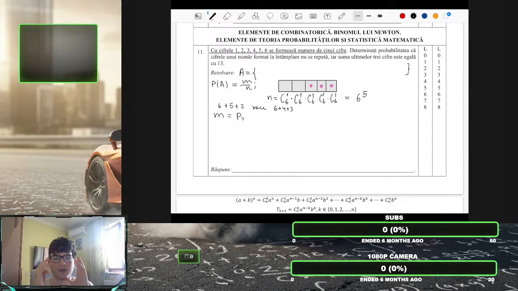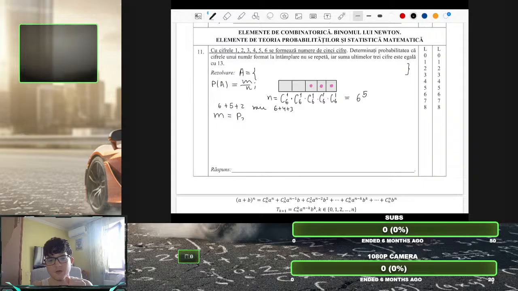Okay, so in this case, the first two ones can be mixed up, so 2 factorial perhaps, so we don't repeat stuff like that.